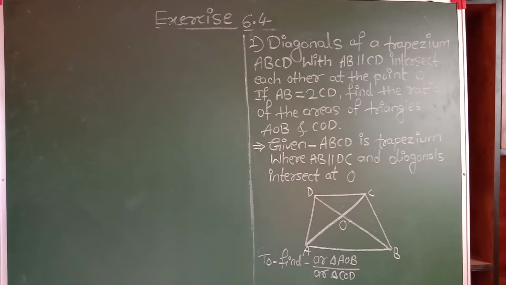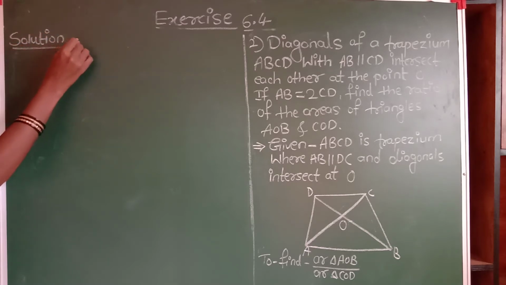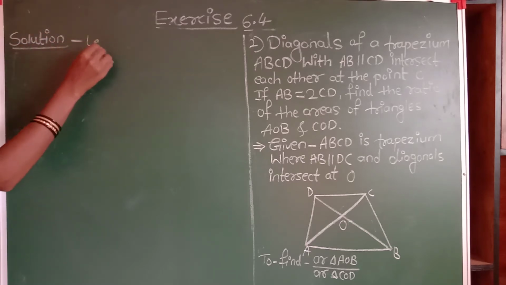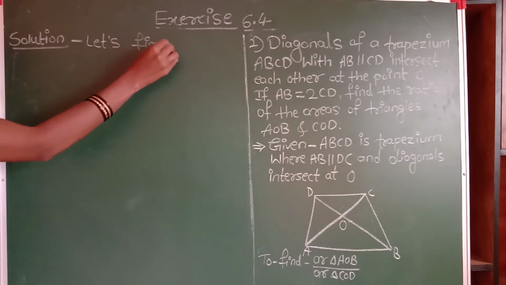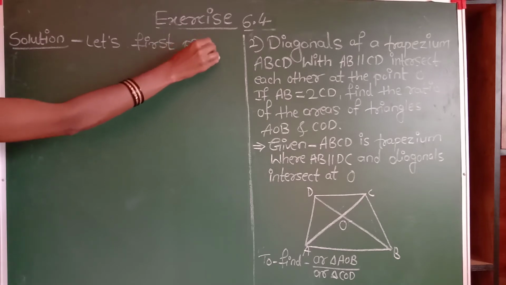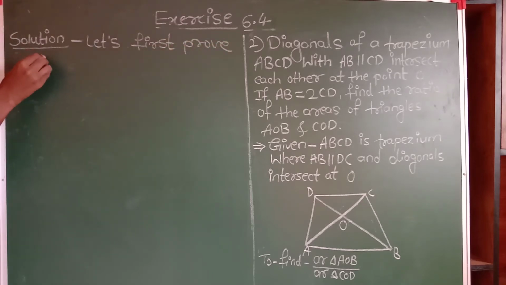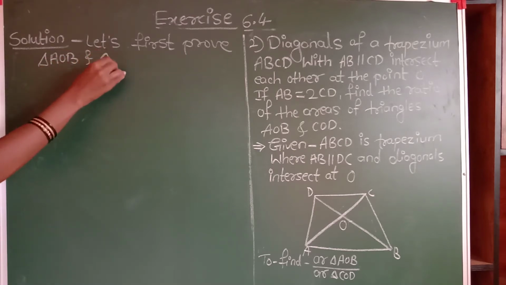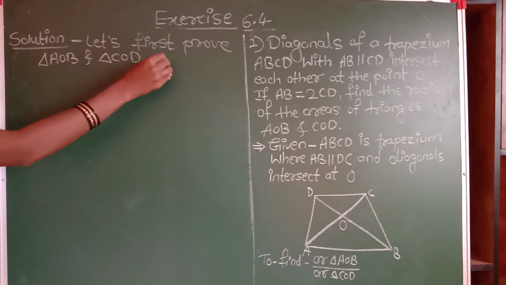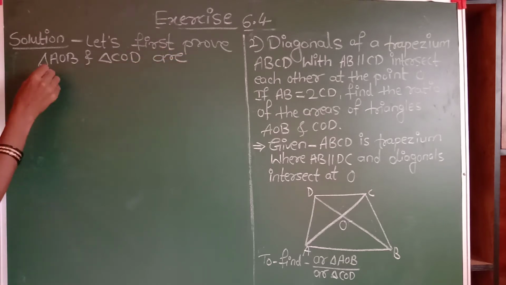Solution. First, we need to prove triangle AOB and triangle COD are similar. Let's first prove triangle AOB and triangle COD are similar.